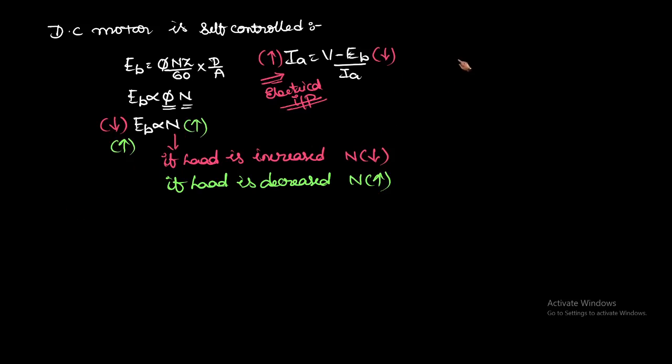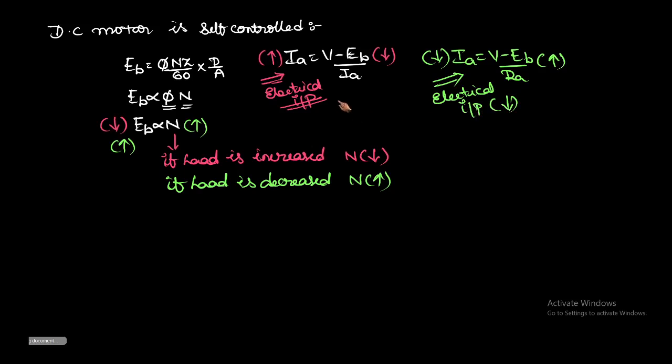Once again, IA equals V minus EB divided by RA. If back EMF increases, the armature current will decrease, and the electrical power taken by the motor will decrease.